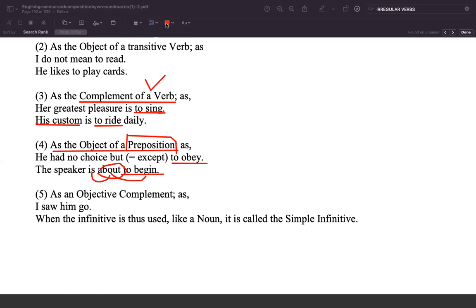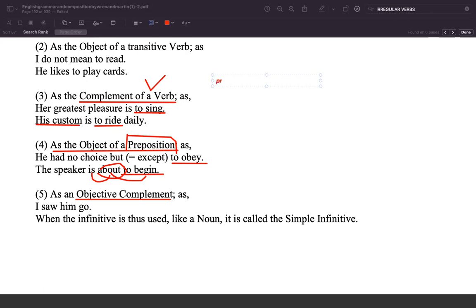You can also consider that the infinitive is used as an objective complement. Like the complement to a verb, it is also called an objective complement. What do you mean by objective complement? When the complement is given to the object, not to the subject.